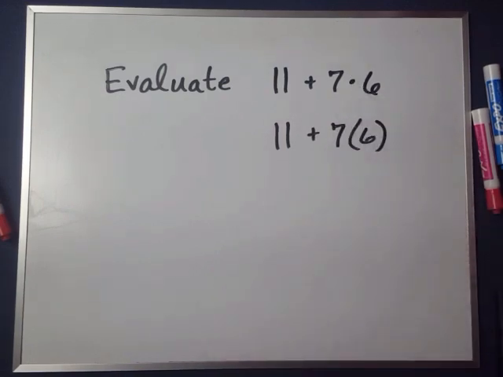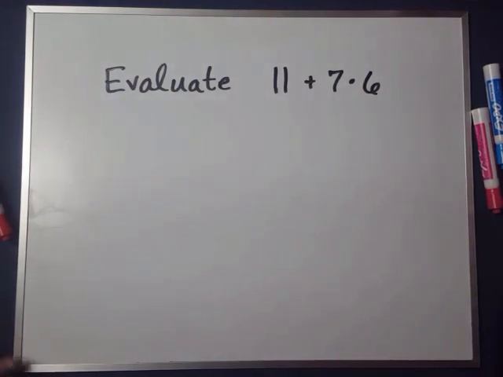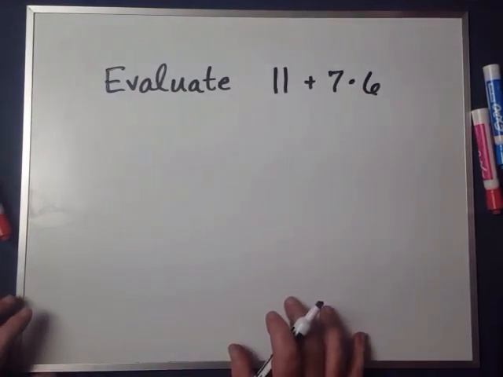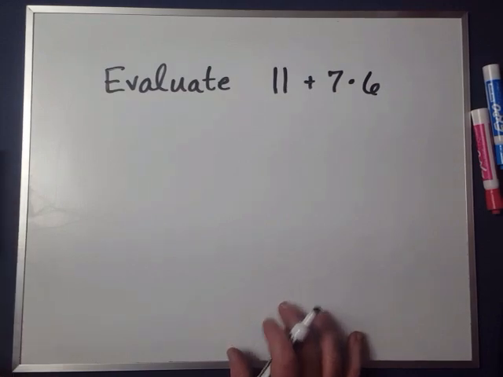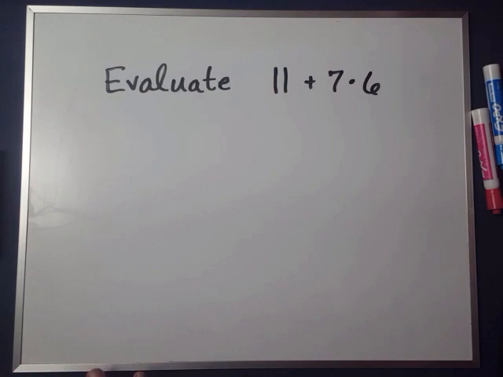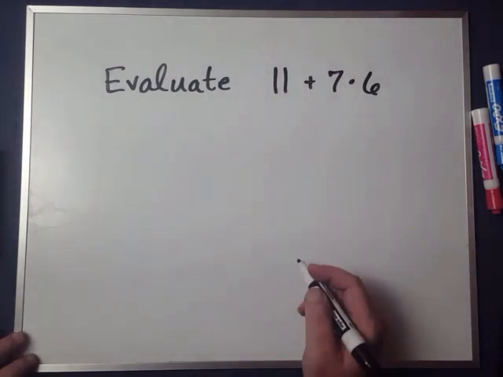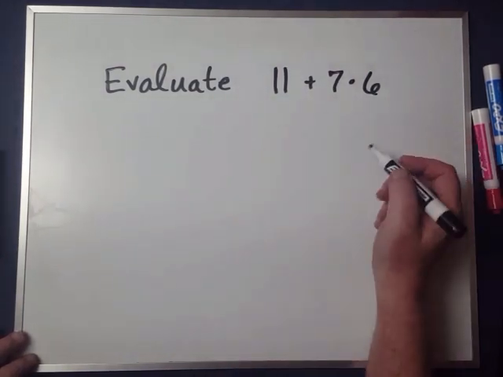So these mean exactly the same thing. I will never again have to remind you, and I won't, on a quiz or test, remind you of the order of operations. When I say evaluate, you understand that from this point forward, we are under the order of operations.